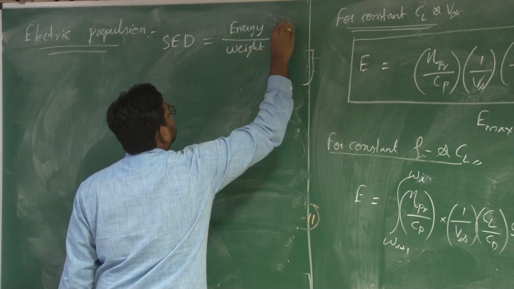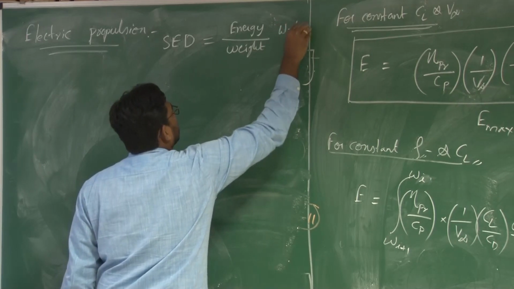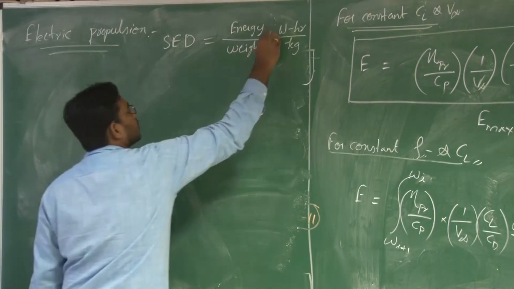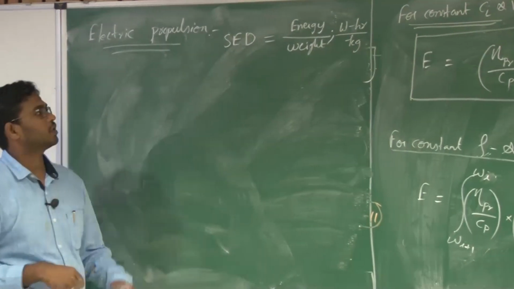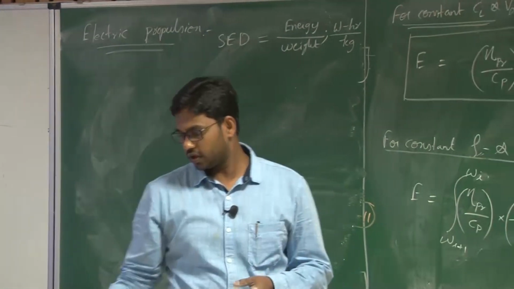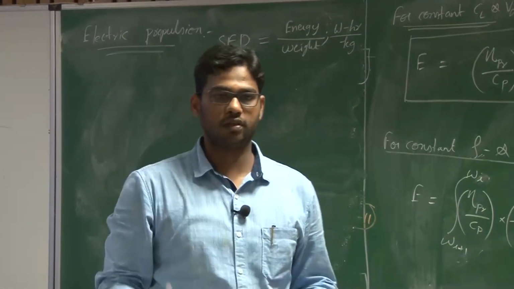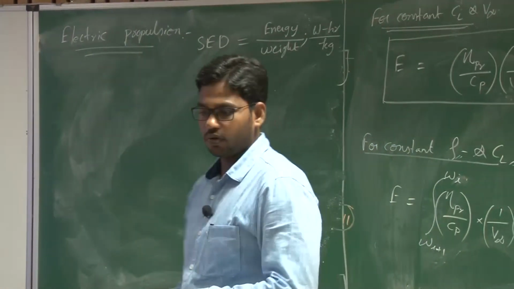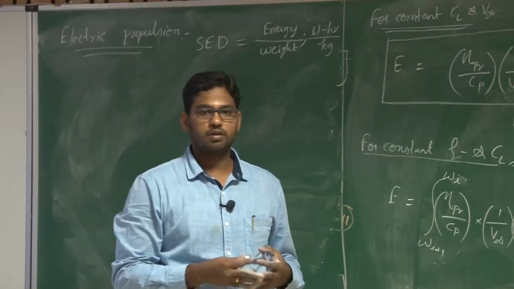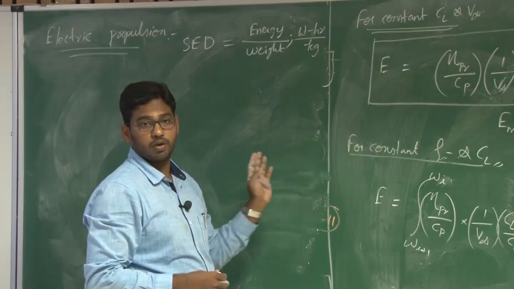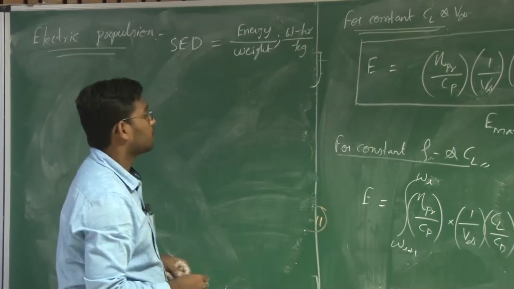The units of this specific energy density are watt hour per kg. Each and every battery that we use to power these motors has a certain energy density, right? So based upon the available energy density, you will be able to estimate the battery weight once you know the corresponding energy that is required to perform the particular mission, right?